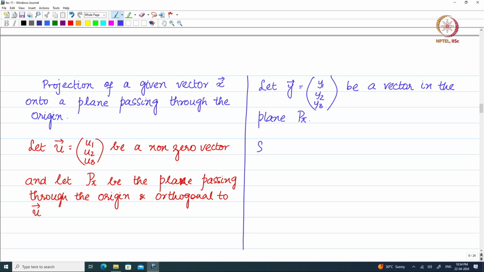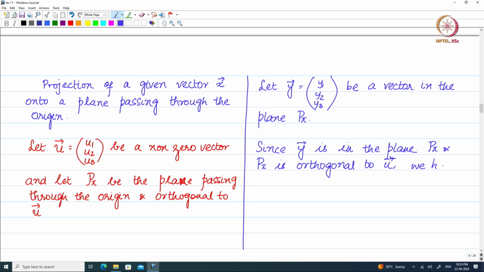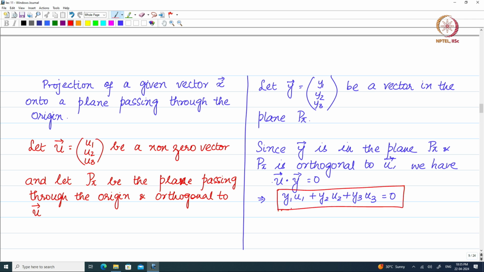Therefore, since y is in the plane p pi, and p pi is orthogonal to u, we have u dot y is equal to 0, which implies that y1 u1 plus y2 u2 plus y3 u3 is equal to 0, and that defines the plane p pi passing through the origin and orthogonal to the vector u.